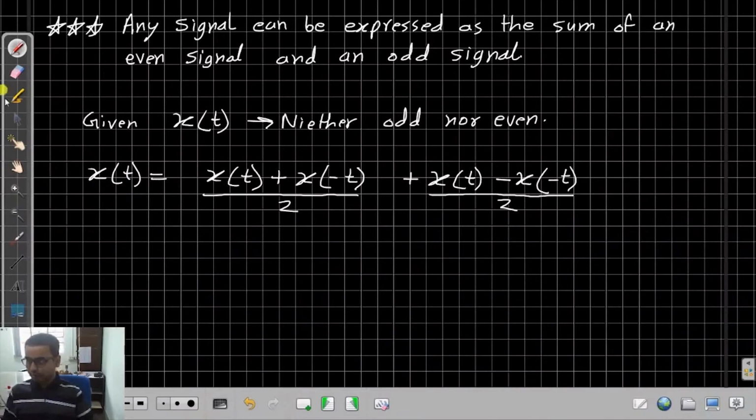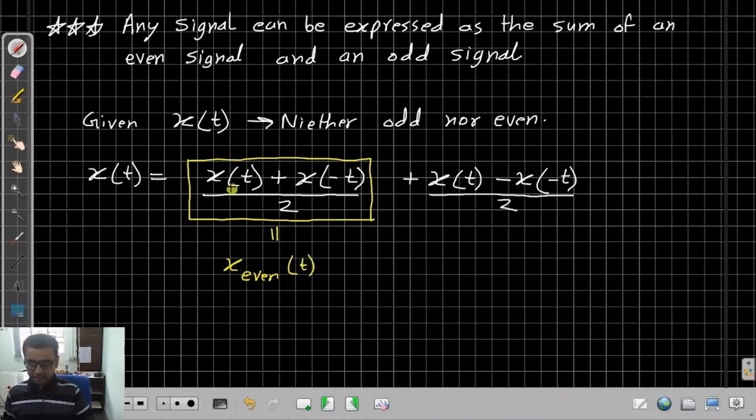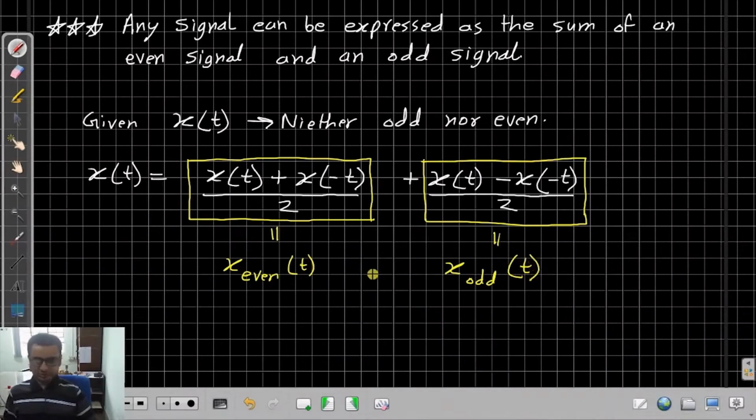Now let me call this part x even t. This is a function of time, and I am giving this function the name x even. Similarly, I am giving this other function the name x odd t.